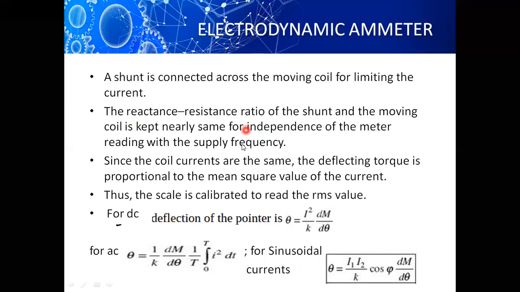Otherwise, it will behave a bit differently for one frequency and otherwise in other frequency. So this is one way to reduce the errors in the meter. Hence, we have to make sure that the reactance to resistance ratio of the shunt and moving coil should be same.